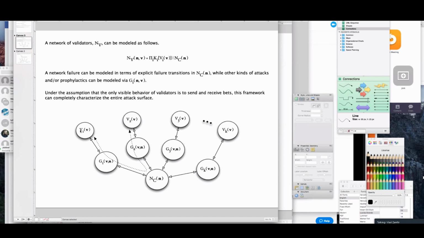And the reason why this is kind of cool is because, normally, if we look just at protocol states, we can't tell the difference between failure to send and omission once the message was received.